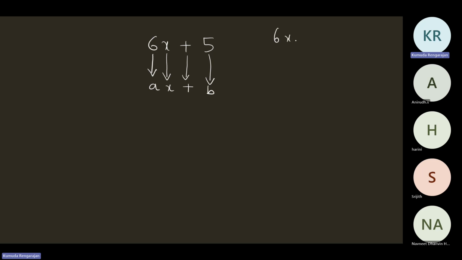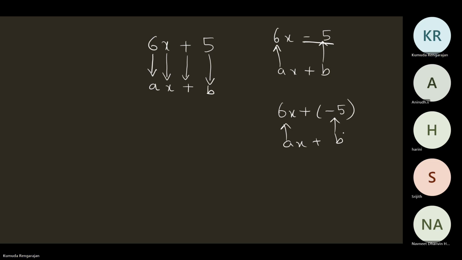See now, if it is 6x minus 5, then if you compare this with the standard form ax plus b, then a is 6 and b will be minus 5, because it is 6x plus minus 5. Ax plus b. A is 6 and b is minus 5. Another example, say minus 3x minus 7.